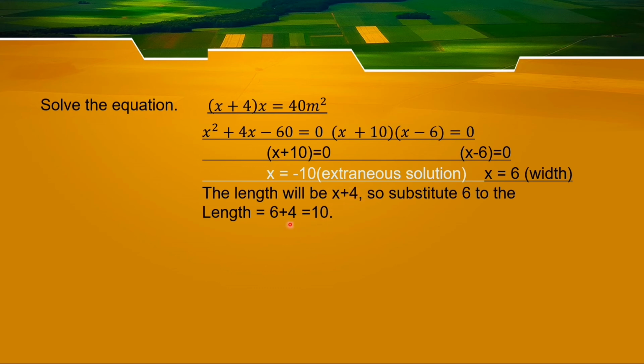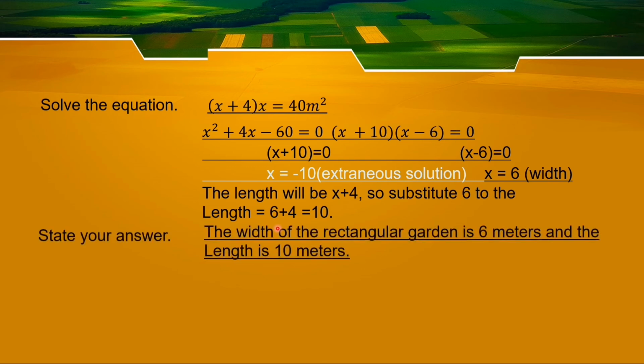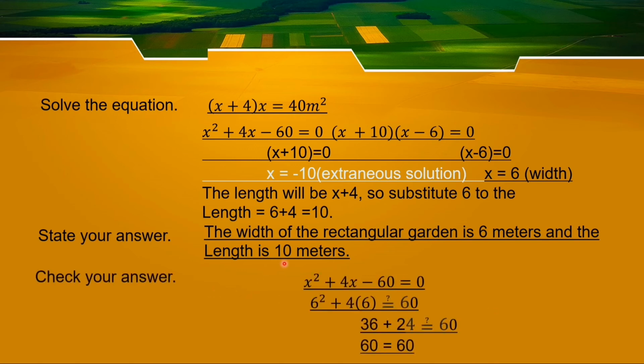That's why we have 6 plus 4 is equal to 10, and that is our length. So let's check your answer. The width of the rectangular garden is 6 meters and the length is 10 meters. To check, we have this one.